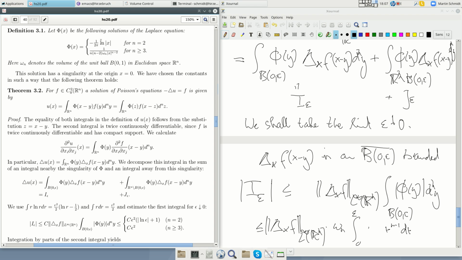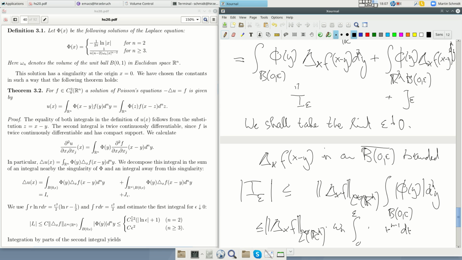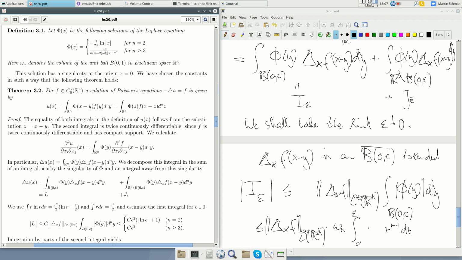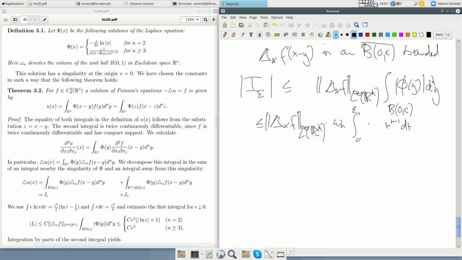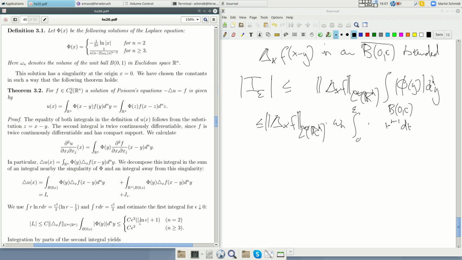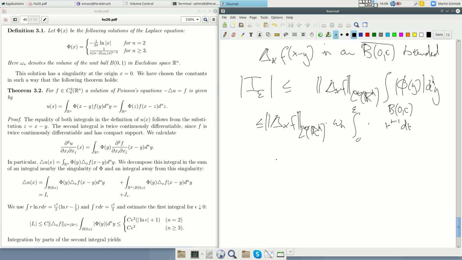So for n equals 2, this is some constant. So for n equals 2, we have to find an antiderivative of ln r dr, just an antiderivative.